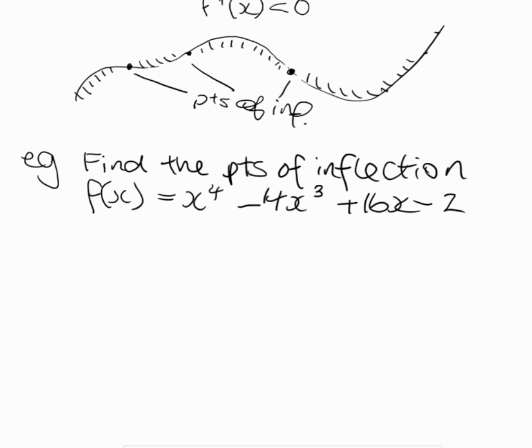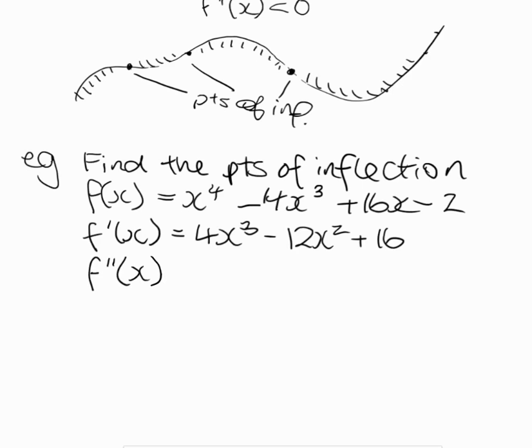We're not asked to find the stationary points, i.e. the max and min. We're asked to find the points of inflection. So we find f dash of x first, and that becomes 4x cubed minus 12x squared plus 16, and we double differentiate it to find the points of inflection. So 12x squared minus 24x. And what we do is then put that equal to 0 to find out what our points of inflection are.